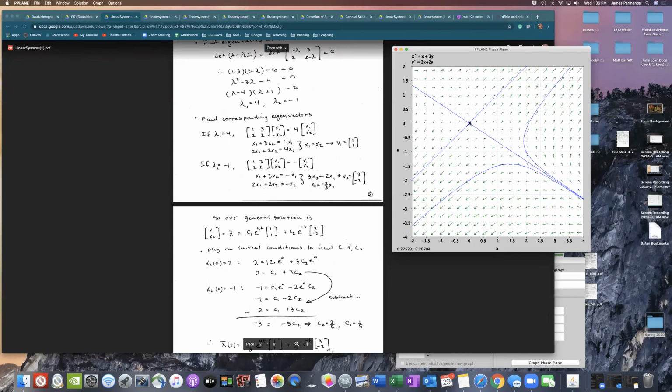And this line here is exactly the line that the eigenvector 1, 1 goes through: from here to here, it goes over 1 and up 1. That's the vector 1, 1. Similarly, for the eigenvector 3, -2, if I go from this point over 3 and down 2, I'm exactly there. So the eigenvectors, or eigenlines, go through the origin because the origin is the equilibrium point, and these will always go through it.